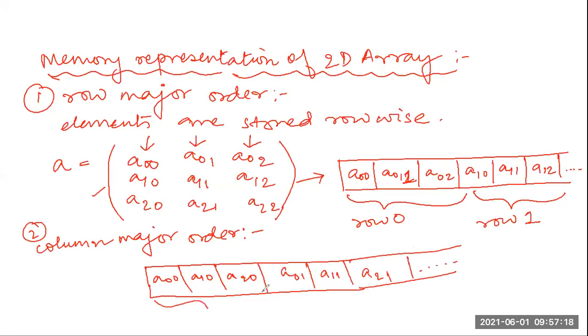So first column 1, then column 2. This was the concept from yesterday: whenever row major is used we use one formula, and whenever column major is used we use another formula which we learned yesterday.